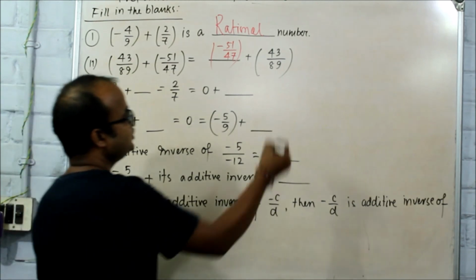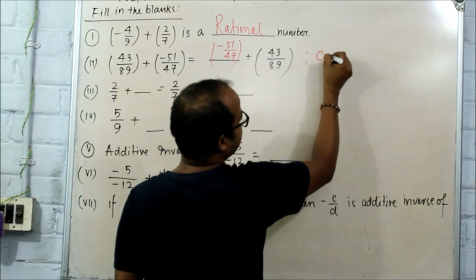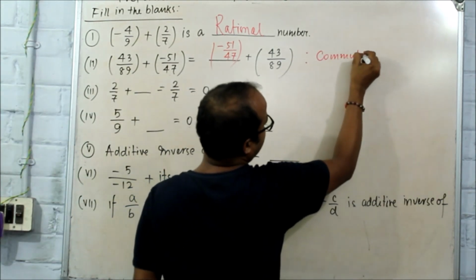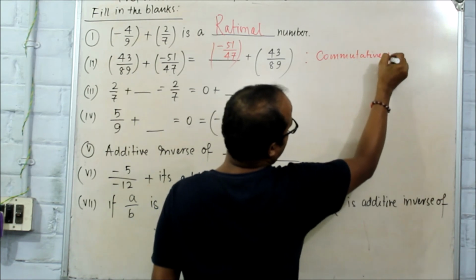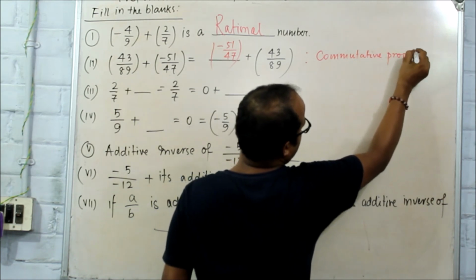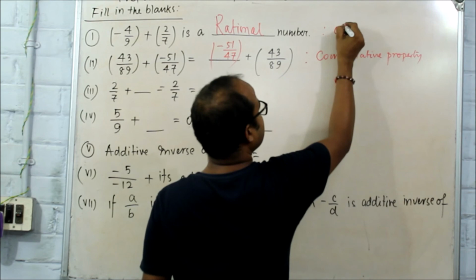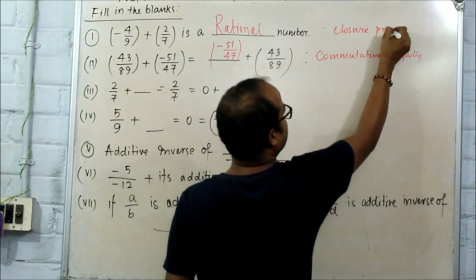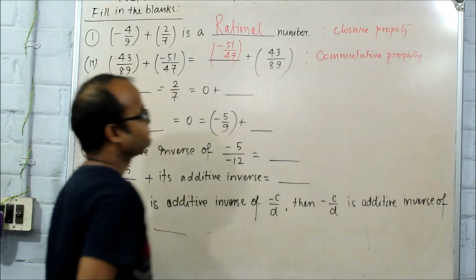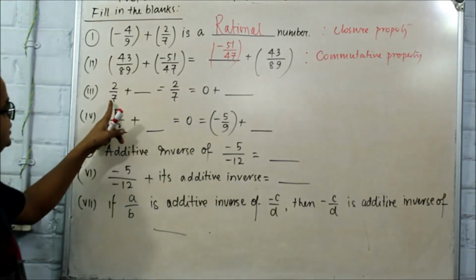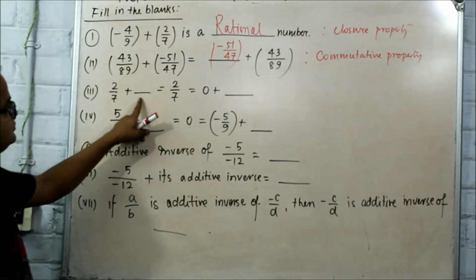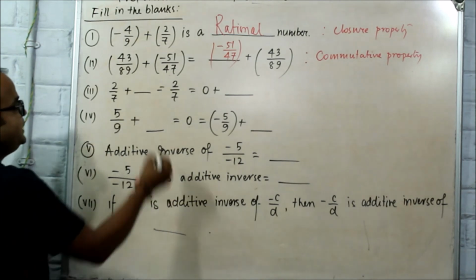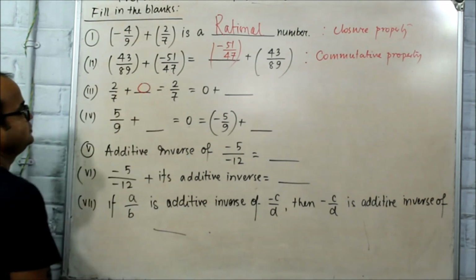So this is based on, for your reference, commutative property. This is based on closure property. This will be 0.